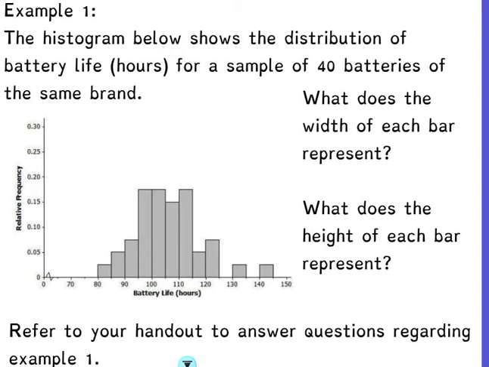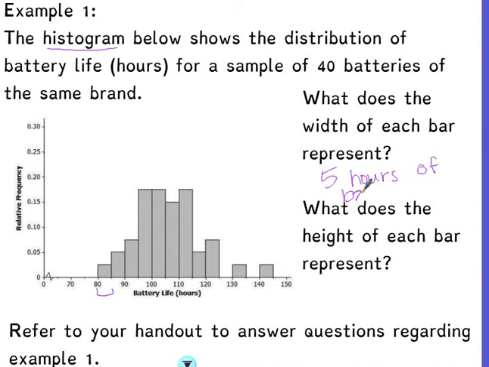You guys have seen bar graphs, but you've also probably been introduced to what a histogram is, and in this case, we're dealing with a histogram. Looking at the width of each bar, since the bottom says that this represents battery life in hours, I can say that since the bar goes halfway between the 80 and the 90, each width represents 5 hours of battery life.